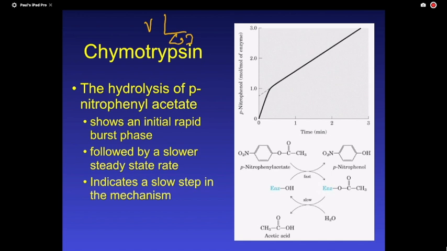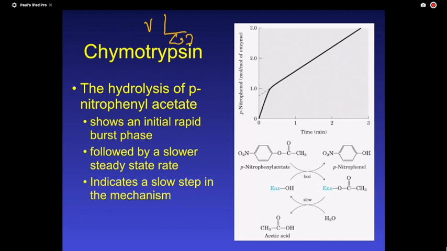There's a velocity right at the beginning that is fast, represented by a much steeper line, and then one that is slower, represented by the rest of the reaction. This tells us one thing. This enzyme has a burst phase, okay? There are at least 2 steps in this mechanism. One that is quick, and then one that is slow.